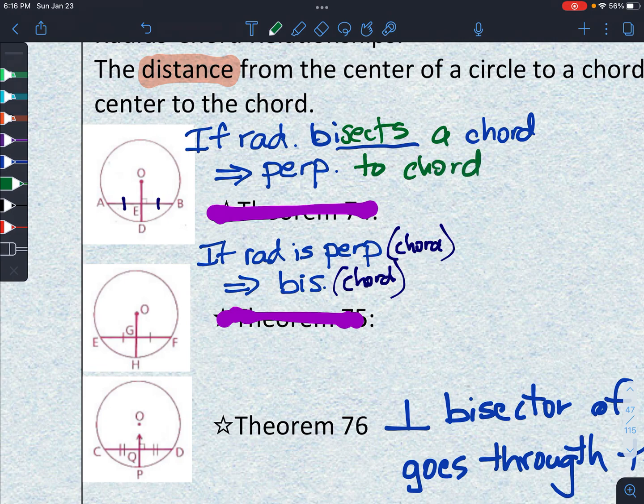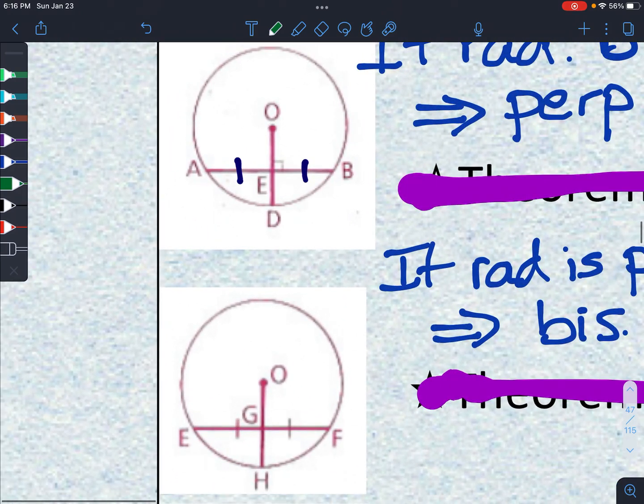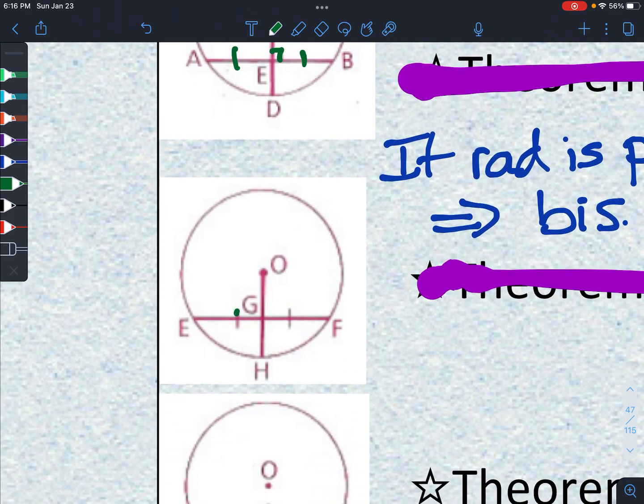And then we have the converse of that, and that is that if the radius is perpendicular to the chord, then it also bisects the chord. So, if I give you this, then you automatically know those two segments are the same. And if we know that the segments are the same, then we know that they are perpendicular.